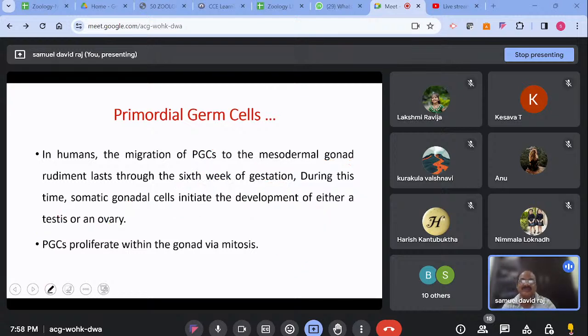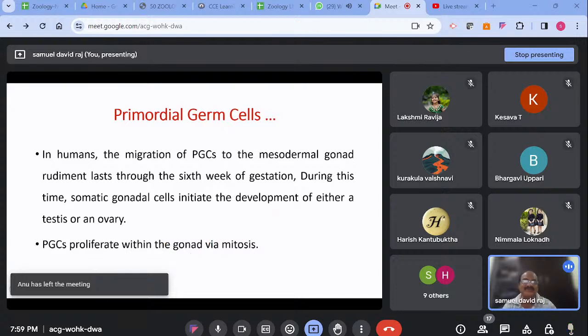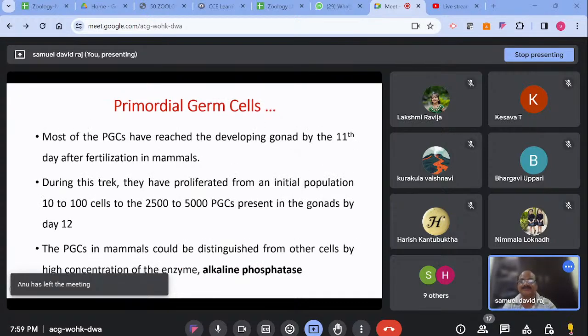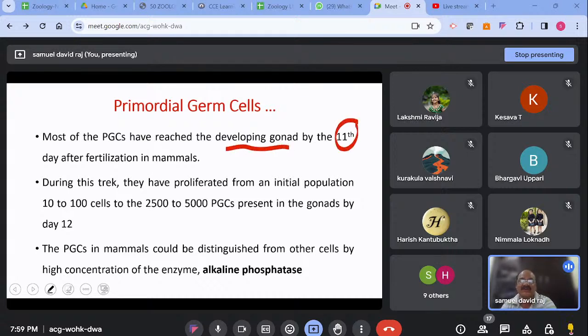Once they reach the gonad, they proliferate within it via mitosis, which is the first phase. Most of the primordial germ cells reach the developing gonad by the 11th day after fertilization in mammals.